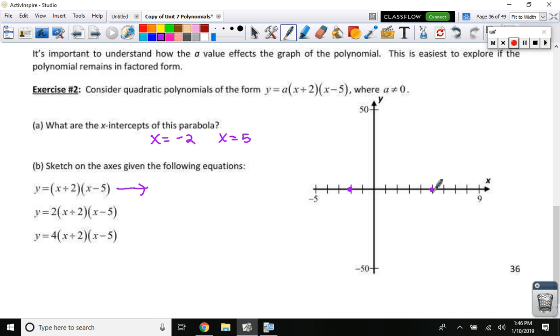It's a parabola. Opens up or opens down? Opens up. What would be the lead coefficient? What number? +1, right? Okay, so it opens up. Could I quickly find the axis of symmetry? Yes, what's it going to be? 1.5? Okay, 1, 2, 3, 4, 5, 6, 7, so 3.5. Okay, so we're sitting at 1.5.